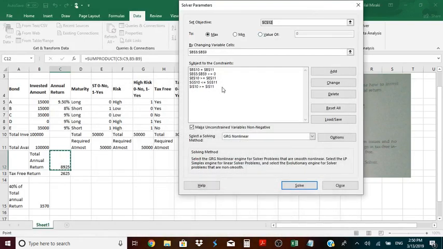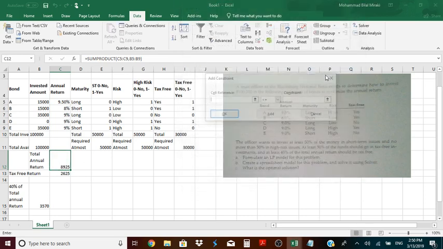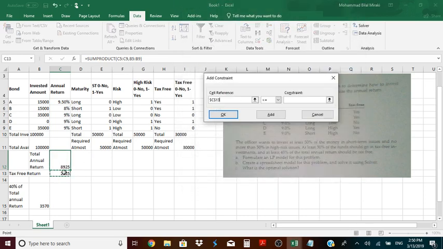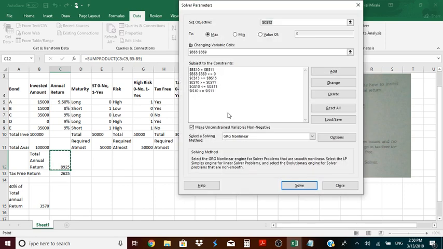So yeah, another of our constraints is that this cell, the total tax-free return, should always be, okay, my bad, we have to go to constraints, add another constraint. This cell should always be greater or equal to this cell. And then we press OK.